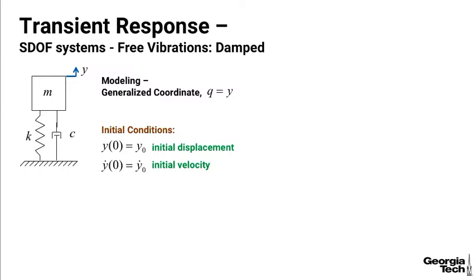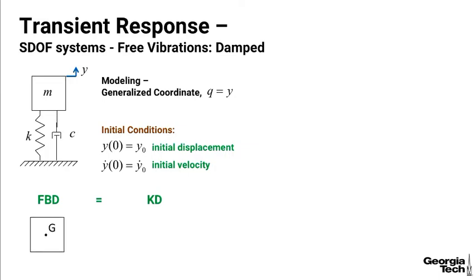I've chosen my generalized coordinate as y, and I'm going to give it some initial conditions of an initial displacement upward and an initial velocity downward. Obviously, when I videoed, I was giving it in the opposite direction, but you can give the initial displacements any way is physically represented.